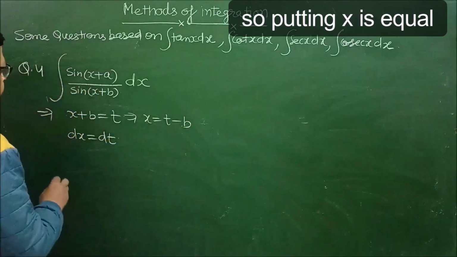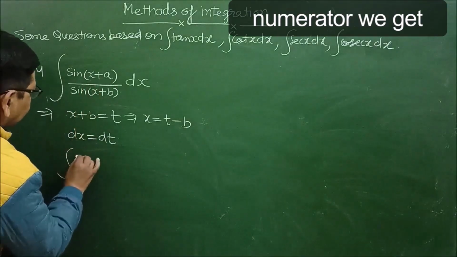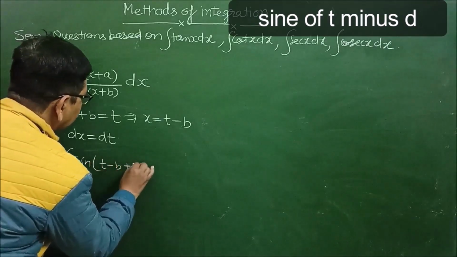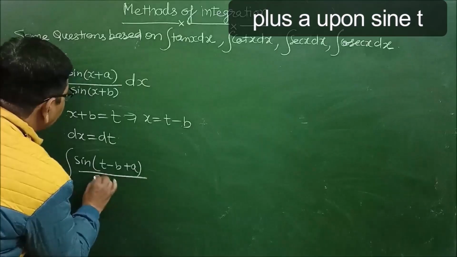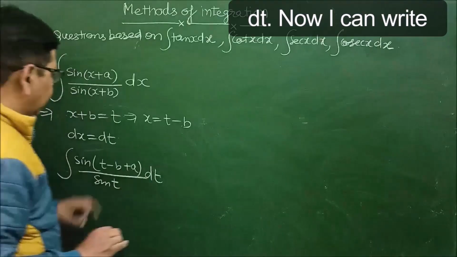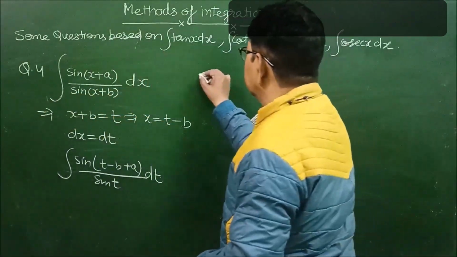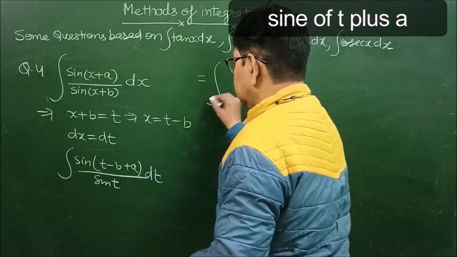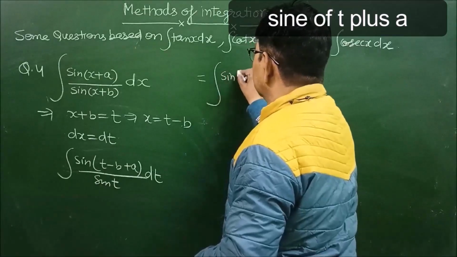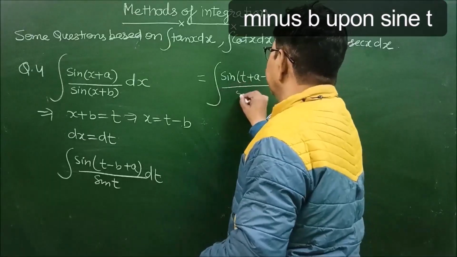So putting x is equal to t minus b in the numerator, we get sin(t minus b plus a) upon sin t dt. Now I can write this as sin(t plus a minus b) upon sin t dt.